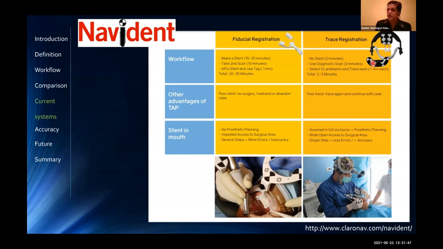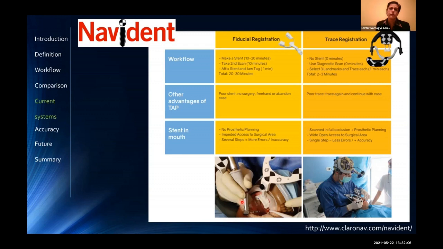With this information, one can start the surgery a little bit faster, meaning one doesn't need a stent. And it even works if the patient had a previous CBCT, because you do not have to have the specific marker for the system. And to my knowledge, the Novident system is the only one that has this trace registration to date.